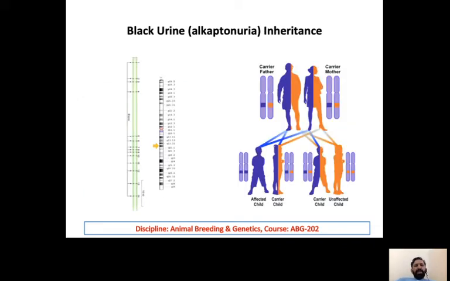Now, why I am quoting this example is just to let you know the part genetics plays in the inheritance of this disease. So this disease is basically inherited in humans because of the defected copy present on chromosome 3.